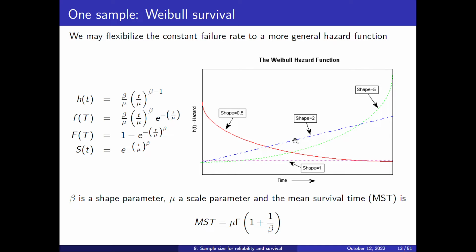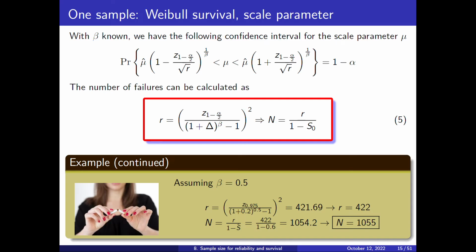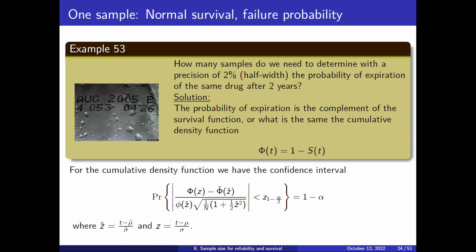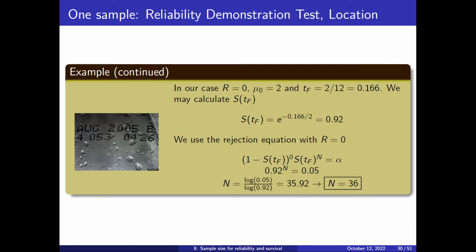So this one is probably more representative of many products like syrup. Syrup probably, as time passes, is more and more likely to spoil. Okay, so let us go back to our problem.